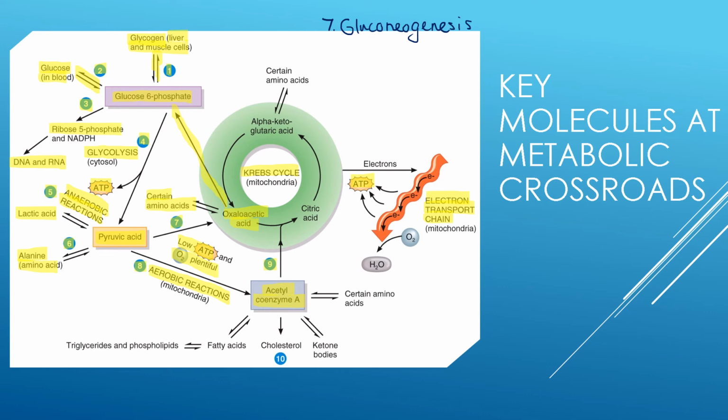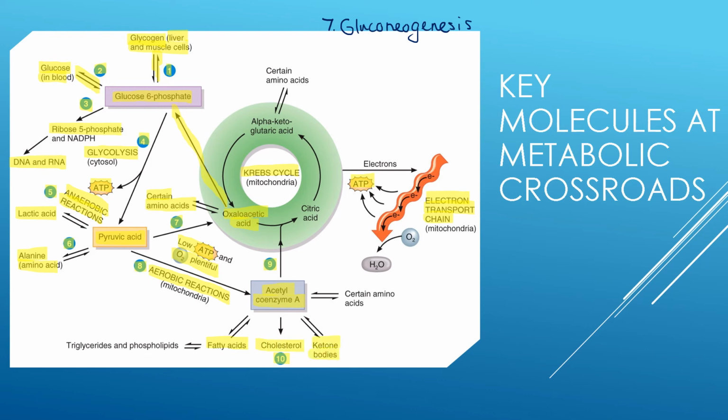Then lastly, acetyl coenzyme A can be used, number 10 here, in the synthesis of lipids. So it can be used to create certain lipids, including fatty acids, cholesterol, and ketone bodies.